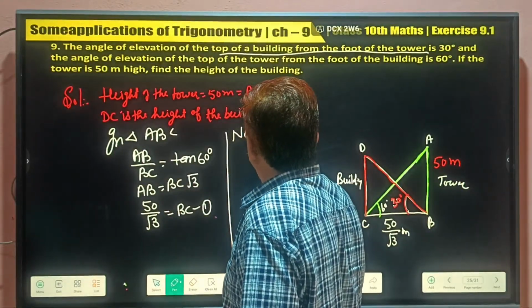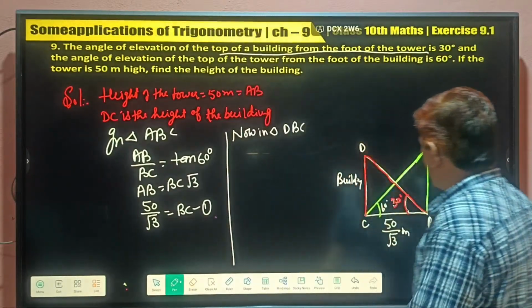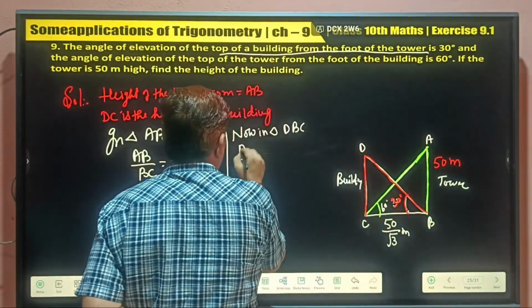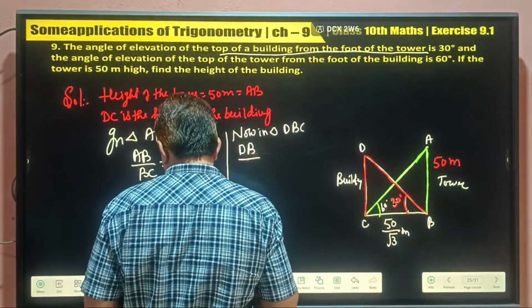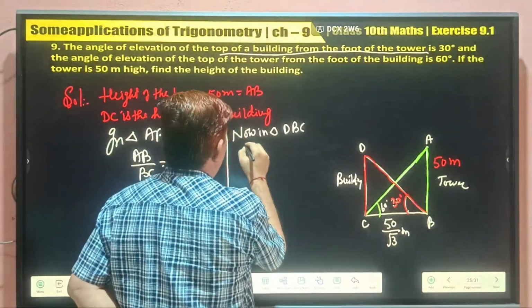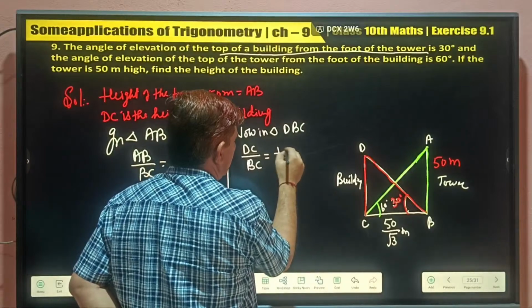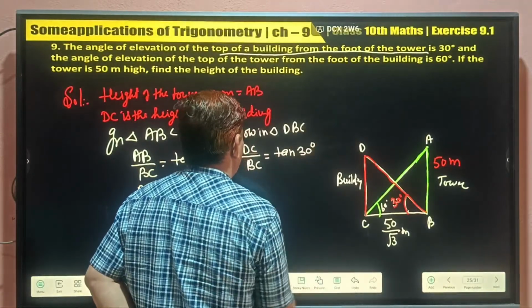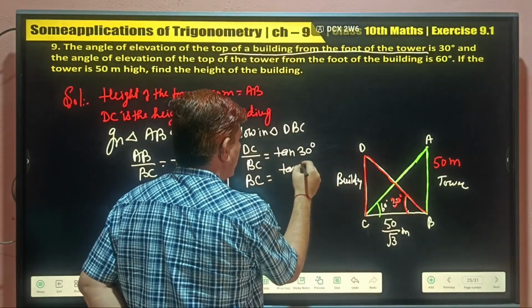Now in triangle DBC, the angle is 30 degree. So DC by BC is equal to tangent 30 degree.